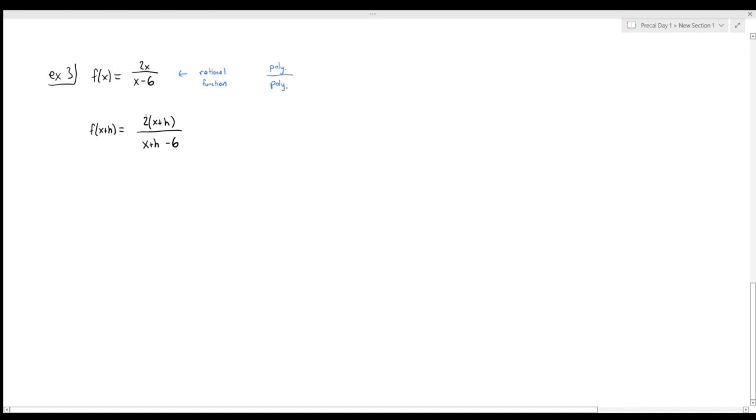And I think I'll go ahead and distribute the 2 into the parentheses here. So we'll get 2x plus 2h over x plus h minus 6. And then we'll use that to form the difference quotient.